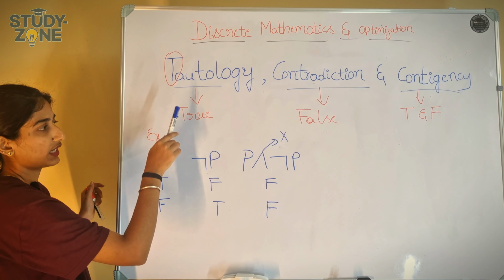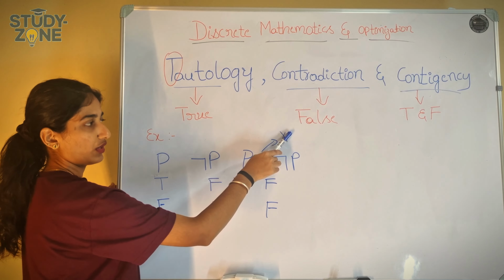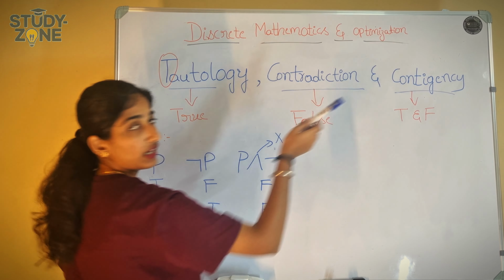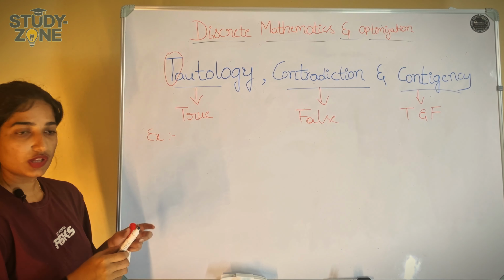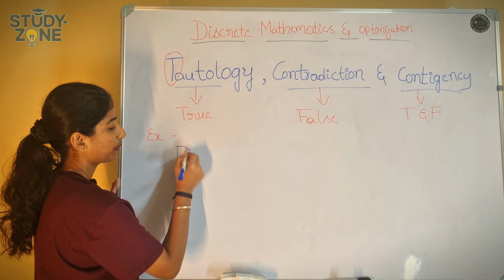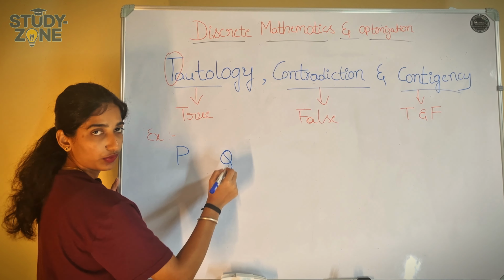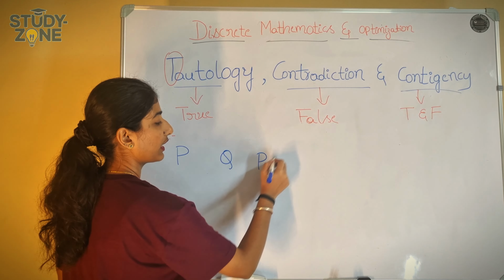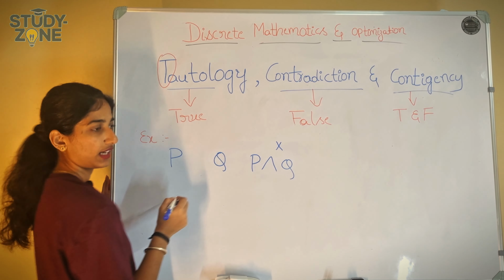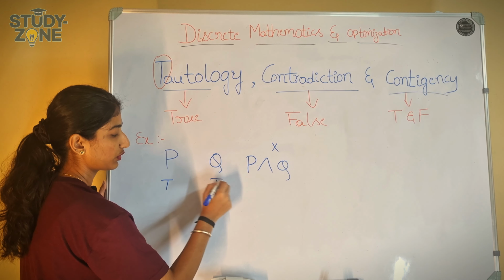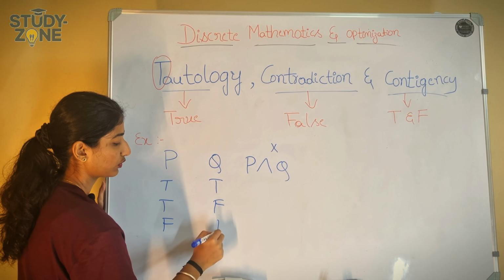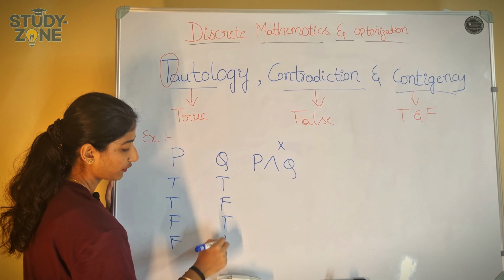So we have seen the example of tautology and contradiction, and then we should see the example for contingency. For that, let us take P, Q and then P and Q. So AND means multiplication, right? So true, true, true, false, false, true, false, false.